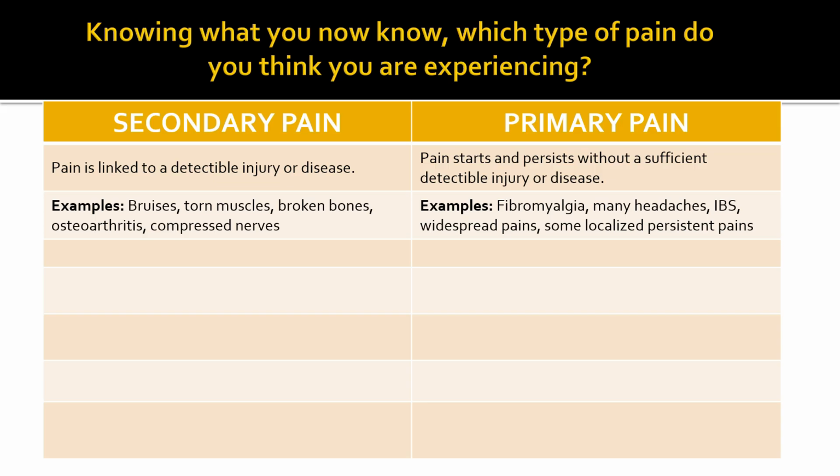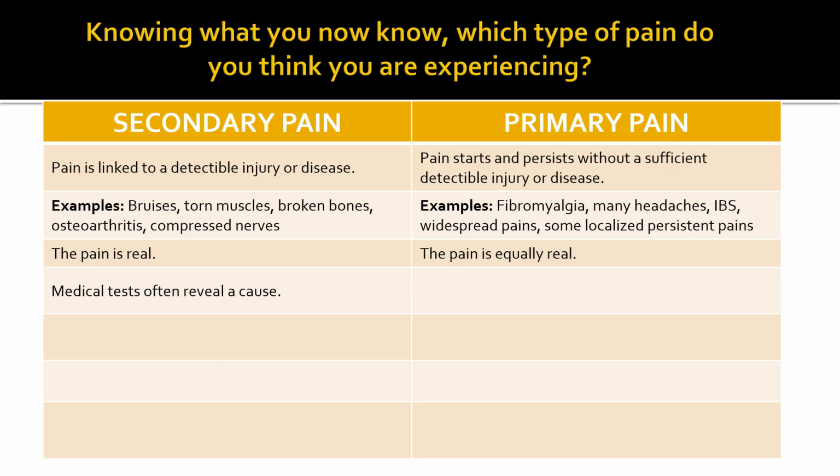Primary pain starts and persists without a sufficient detectable injury or disease. Examples: fibromyalgia, many headaches, irritable bowel syndrome, widespread pains, and some localized persistent pains. Secondary pain is real, and primary pain is equally real.